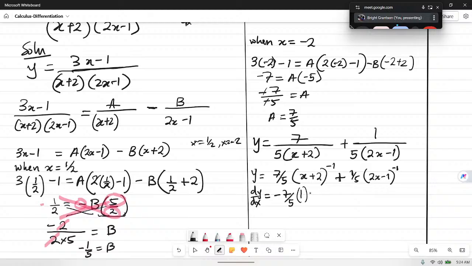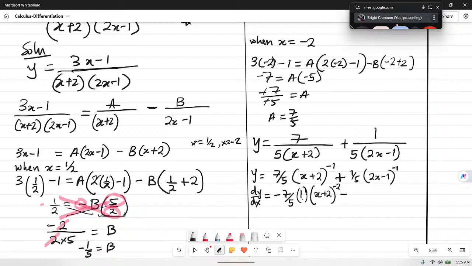You get 1 exponent -2. You differentiate the inside, it is 1. Then you multiply by the function itself. Take notice, the -1 comes to multiply the 7/5. Differentiate the inside, you get 1. Then take the whole function exponent -2. Okay, do the next one.